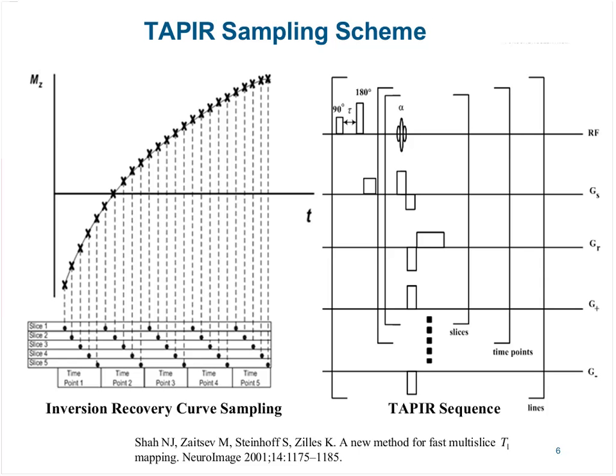And if you look at the right side, this is the sequence diagram of the TAPER sequence. Here the separation of the 90-degree and 180-degree pulses is not shown to scale, but this is the time separation between these two pulses.